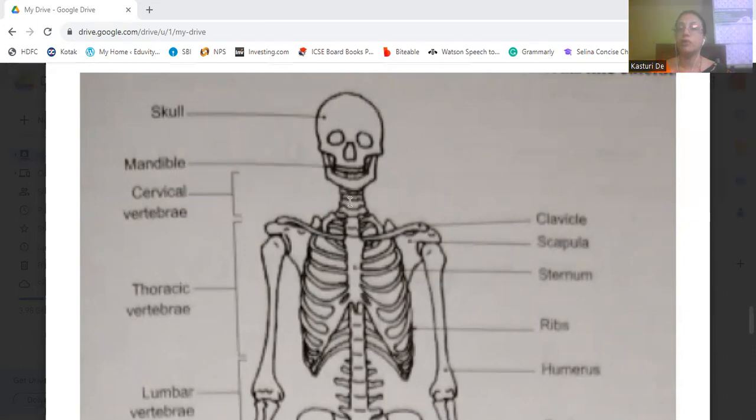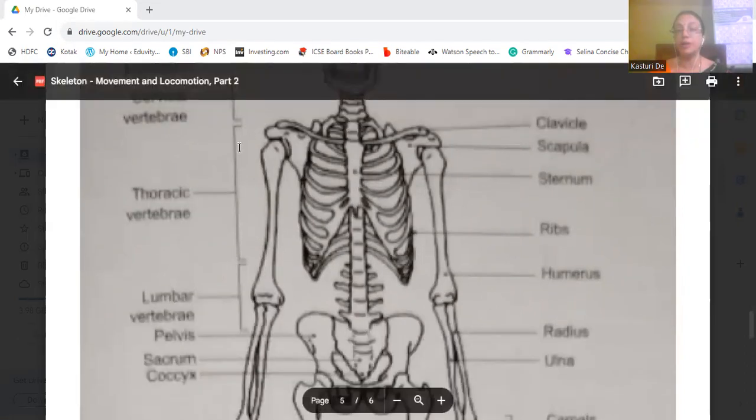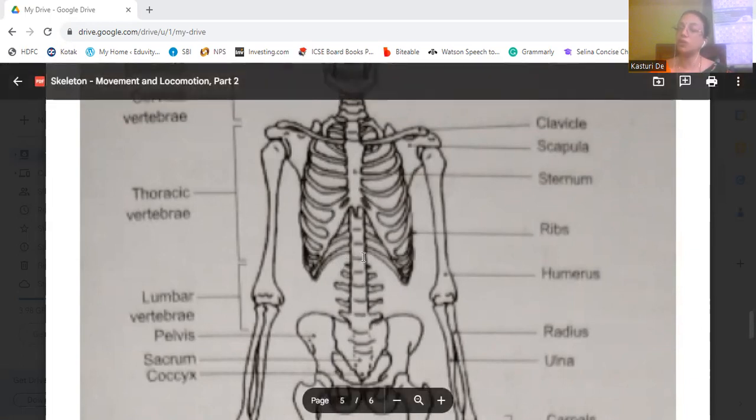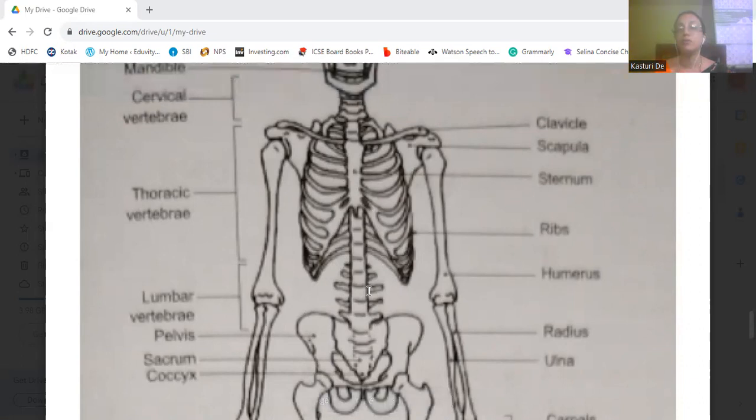You can see the cursor. This is known as the cervical vertebra. Then comes the thoracic vertebra, from just where our chest starts till the end of the rib cage. Then starts the lumbar vertebra, till the pelvic girdle starts.